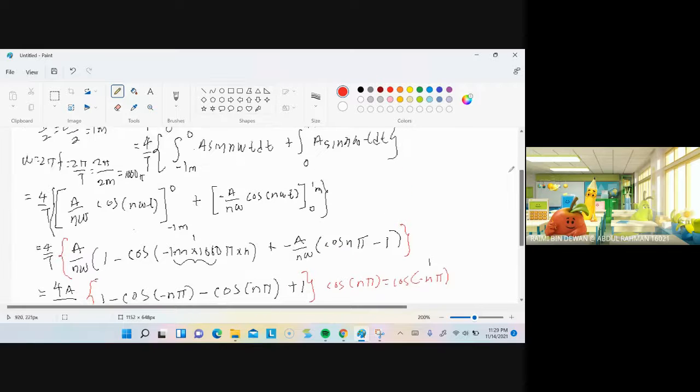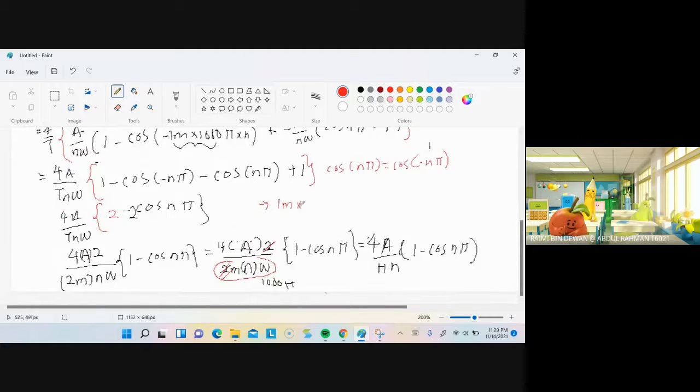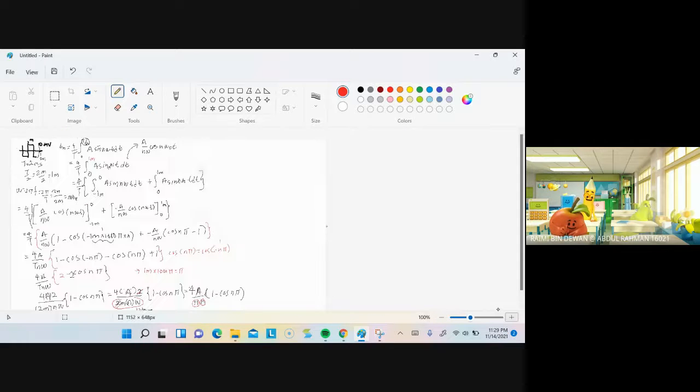Your omega just now is 1000 pi, so that's why it becomes only pi. The n is not changed, and then you have 4a. So this is your bn.